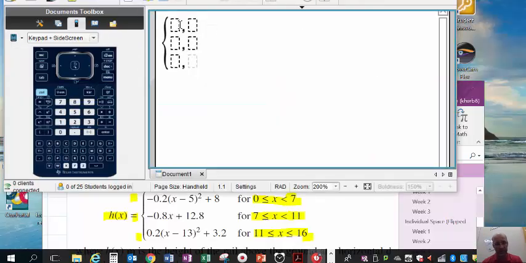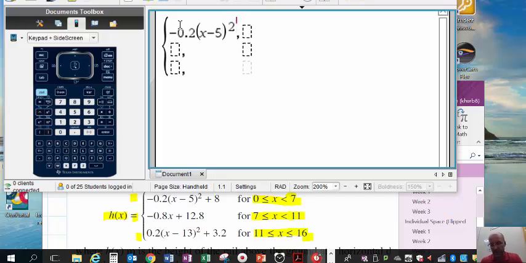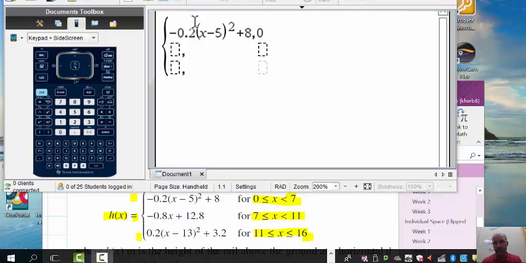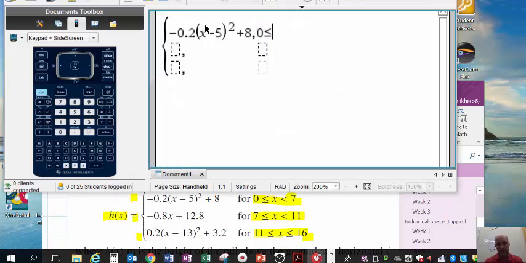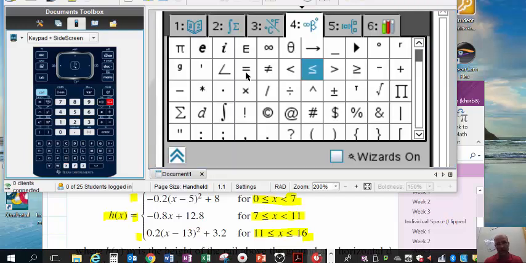So just cascading the pages there, we enter in the first one, so it's negative 0.2 open brackets x minus 5 close brackets, and that's all squared, and plus 8, and that's valid from 0 less than or equal to, which you can go into catalog for, and x, and then less than or equal to 7, and again catalog.